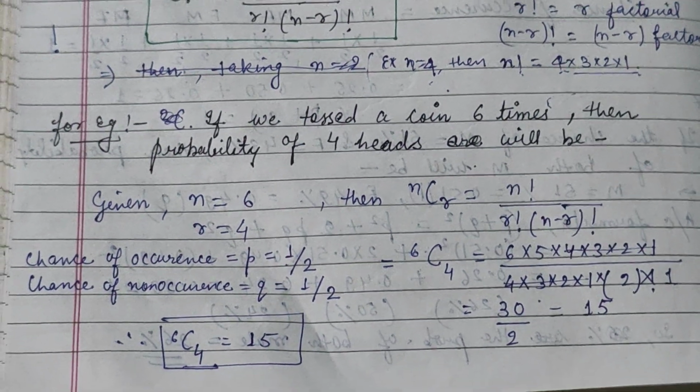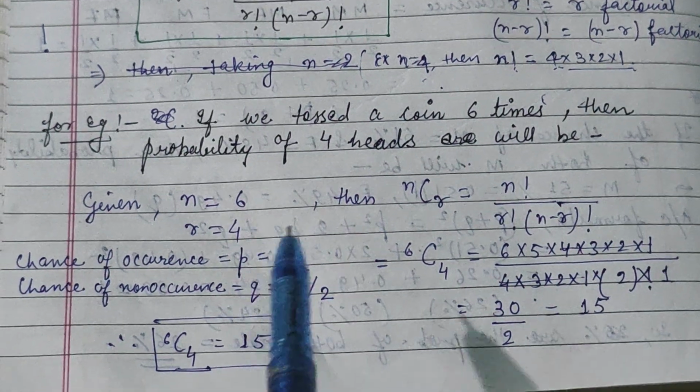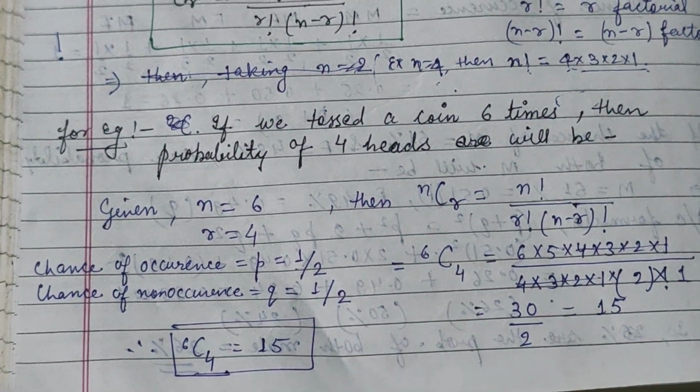So we can take another example. If we toss a coin 6 times, then what is the probability of 4 heads?